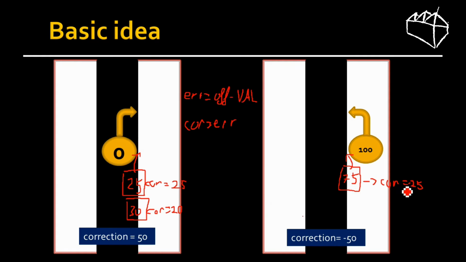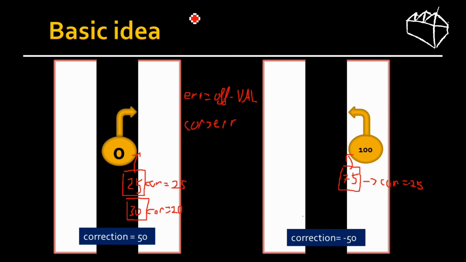So for example, here the correction value is minus 25, so the one motor has to drive by, for example, 25, and the other has to drive by minus 25. And if it's the positive value, it has to be the other way around.